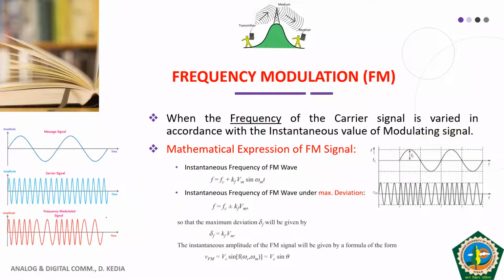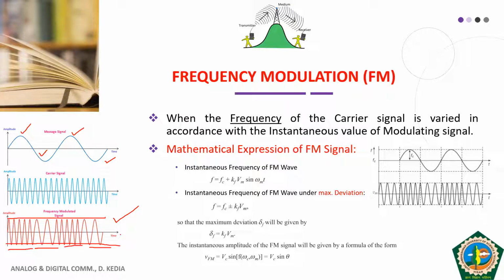If you carefully look at this portion, the frequency is increasing, decreasing, increasing, decreasing, the way the amplitude of the message signal is increasing or decreasing. And you see here the amplitude of the carrier is constant, only the frequency is changing. That's the concept of frequency modulation.